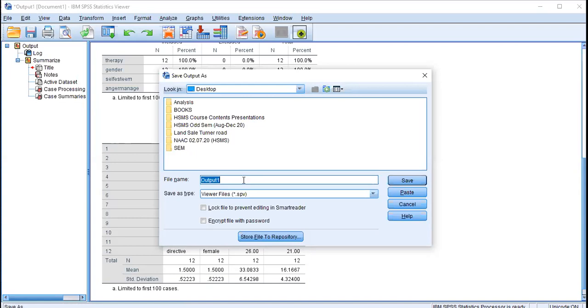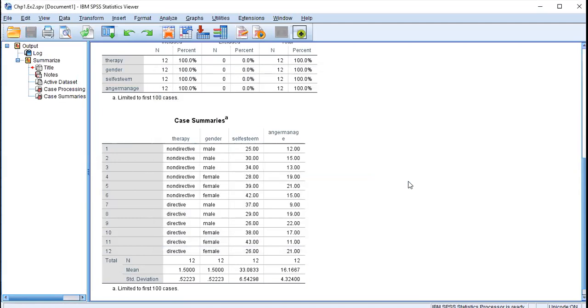My name is output 1, but I'll name it chapter 1 dot exercise 2, and this is where I'm saving. This file has been saved on my desktop.